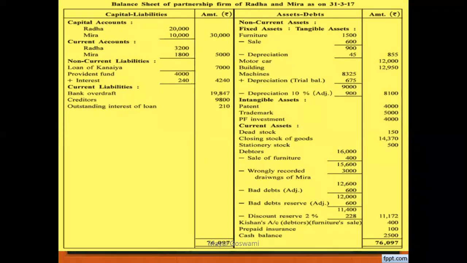So here adjustment is also given for the depreciation on machine. So depreciation which is given in trial balance should be added, right? So add depreciation of trial balance 675. Total comes to the 9000.